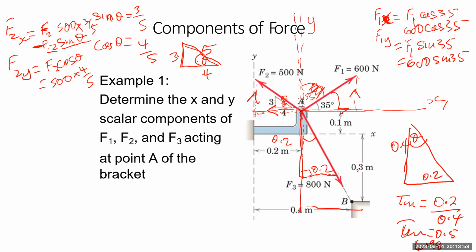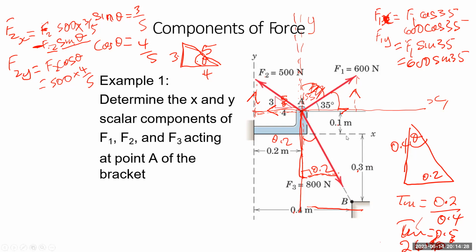So it's not tan, it's tan inverse of 0.5. Second function, 26.56, so it's 26.6. I just said 27 then. So that's the angle. It's really the tan inverse of that. And therefore, you just simply resolve the forces to the horizontal and you get the two components.